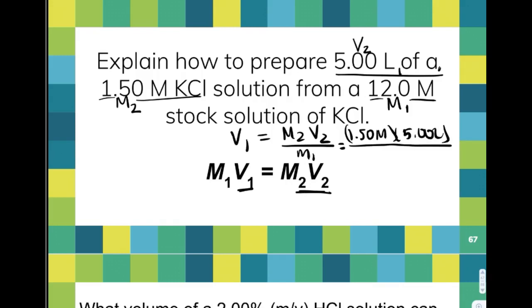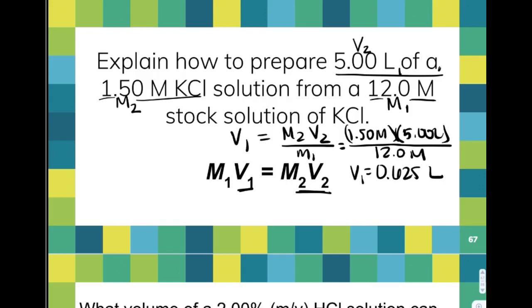You do not need to change this to liters if it's in milliliters, because we're going to cancel out all of the units anyway. As long as your units are the same, it doesn't matter, just like in the gas laws, except for Kelvin. So I get 1.5 times 5 divided by 12, and that gives me a V1 of 0.625 liters.